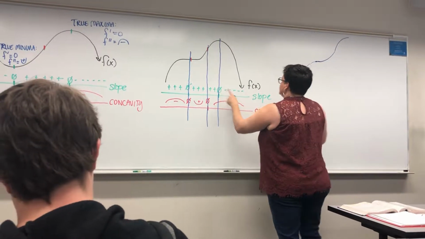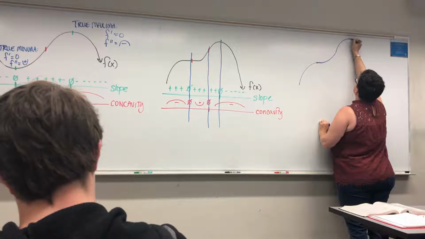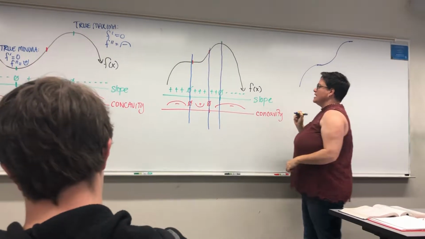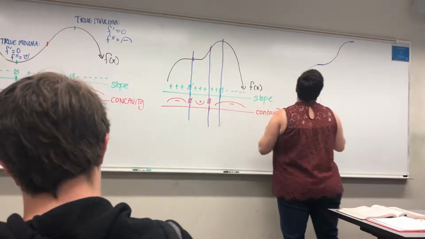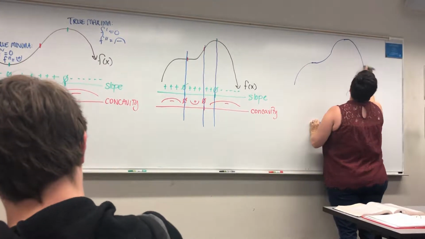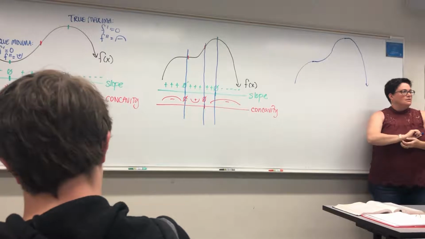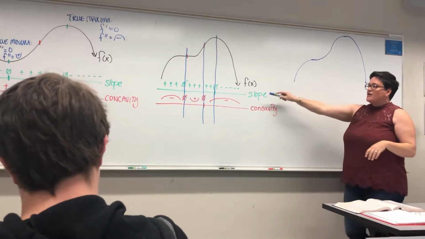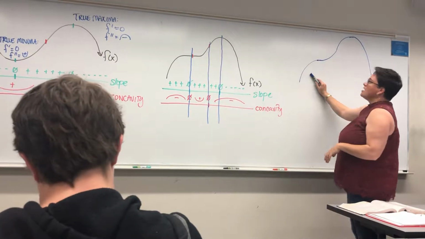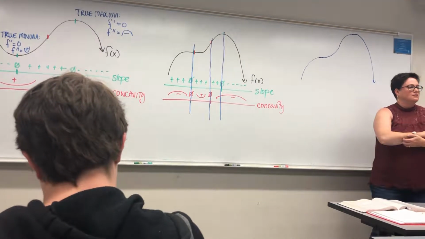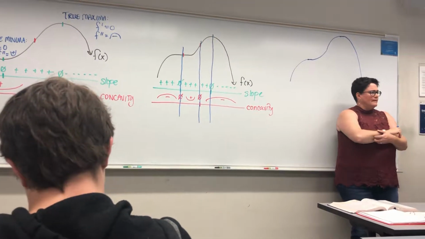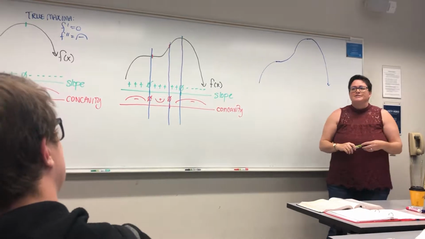And then I top out on slope, or I have a 0 slope. So I'm gonna mark that. And then after that, I have negative slope, negative concavity. Does that approximately look like what I drew? Okay, so you can use these very basic profiles to approximate the shape of this chart or graph. You guys with me? What's the hardest part?